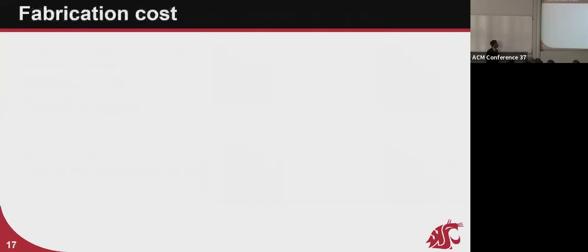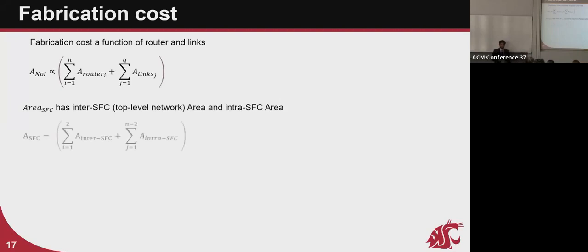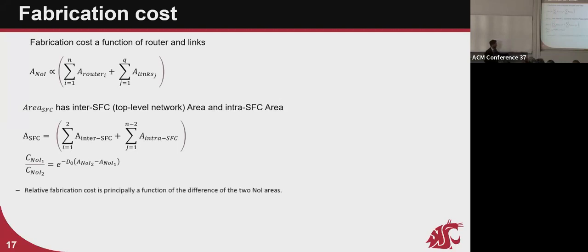Going on to the fabrication cost aspect, the fabrication cost is a function of the number of routers and links, where the area of the NOI becomes the sum of the area of the routers and the area of these links. In Floret, there are 2 parts, the hierarchical top level network, and the inter-SFC and intra-SFC links. When we consider that and take a relative percentage, the improvement basically boils down to the difference between the 2 NOI areas.